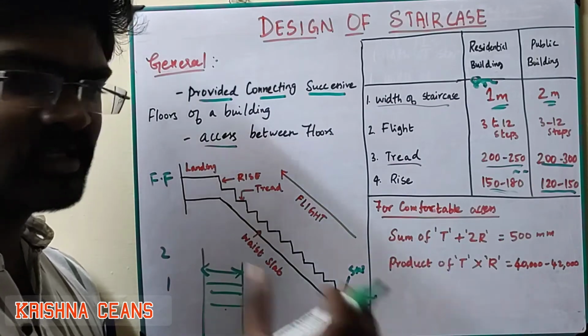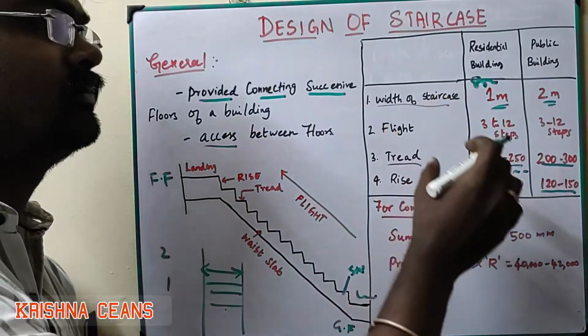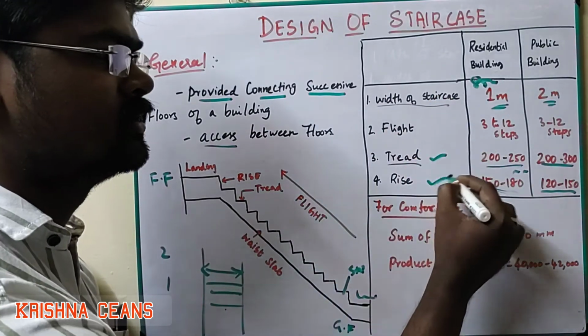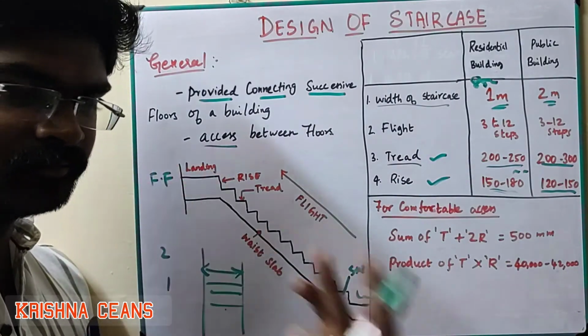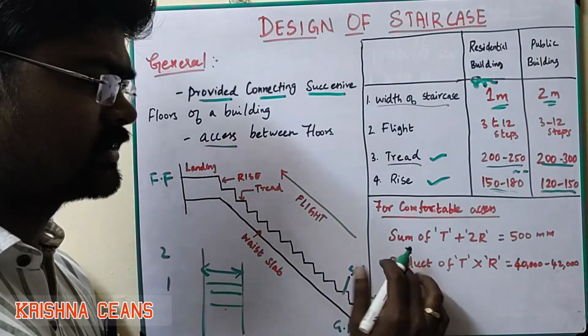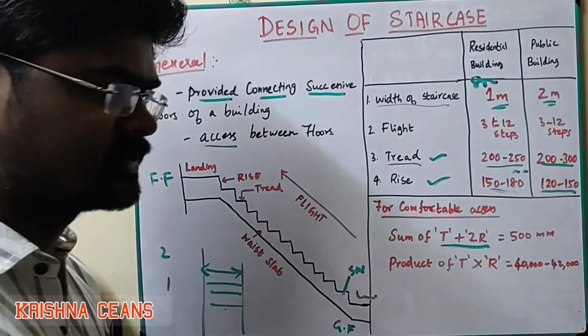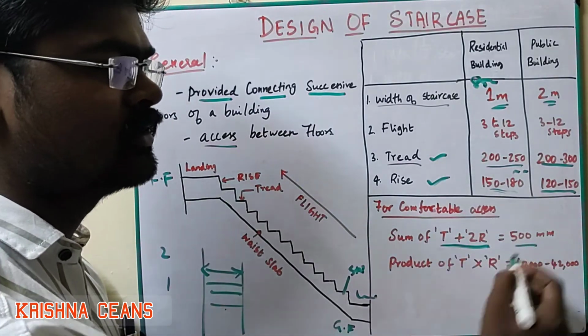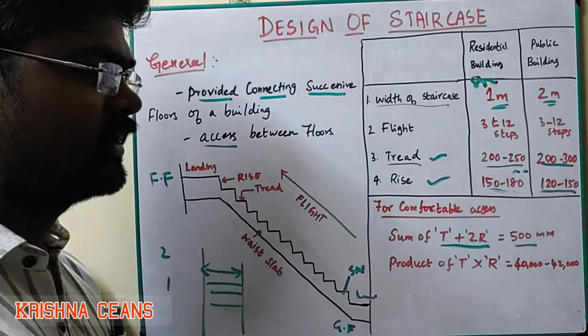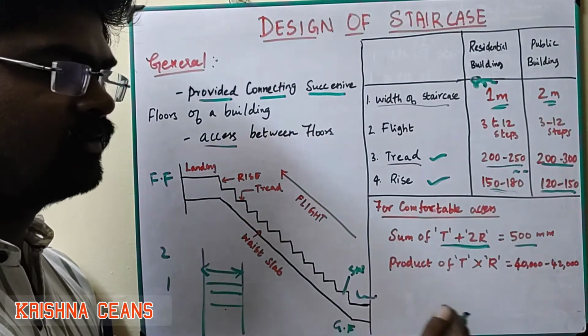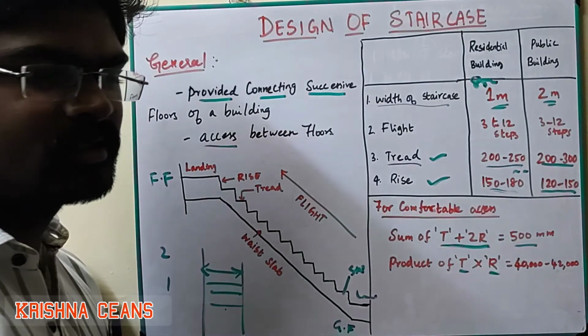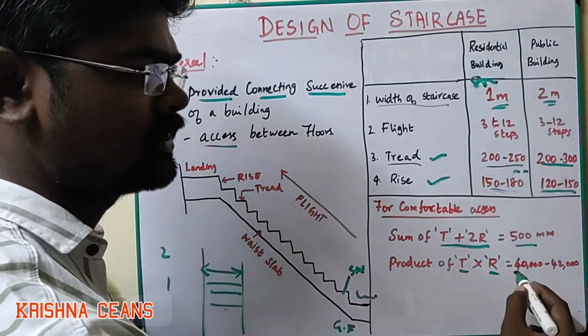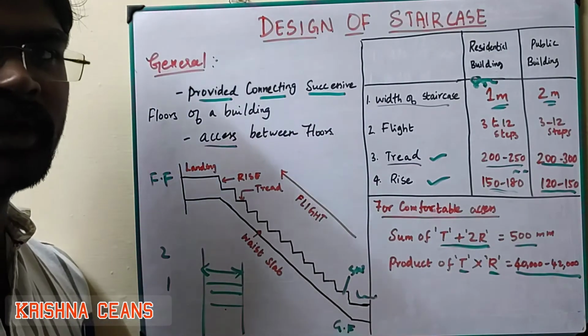For comfortable access, when choosing the tread and rise, the following condition has to be fulfilled. The sum of tread plus twice the rise should be around 500. If you take the product of tread into rise, it should range from 40k to 42k.